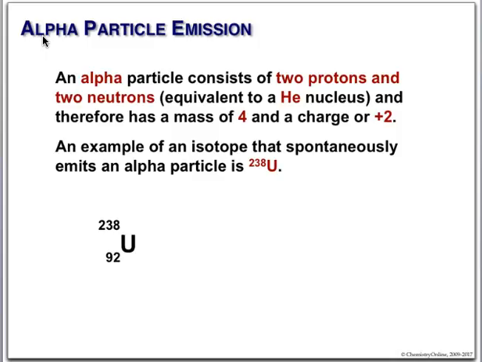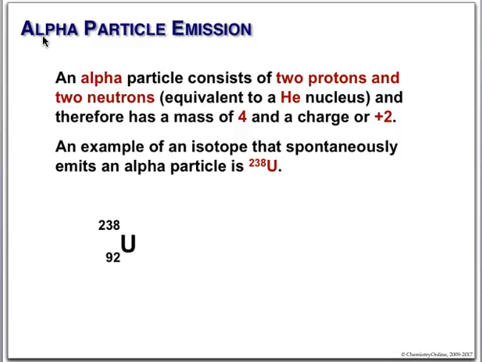Now again, this is an atomic symbol. U is for uranium. This is our mass number, and here's our atomic number. Uranium lives over here on the periodic table. Atomic number is 92, so 92 protons in the nucleus.